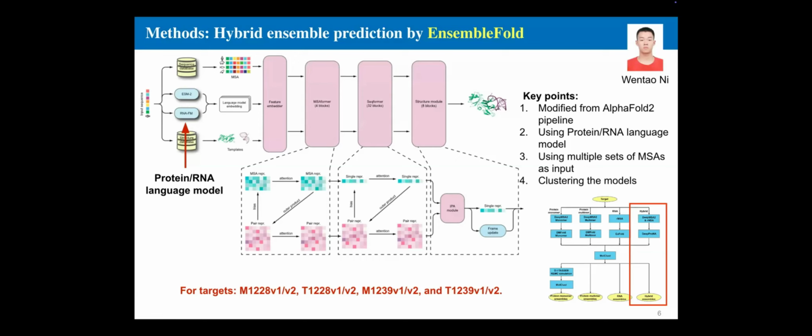To ensure we get an efficient number, we will use a lot of combinations of the MSAs generated from DeepMSA2 and RMSA. Again, at the final step, we will cluster those decoys and select the models from those clusters. Yeah, this is the overall pipeline we use in our system.